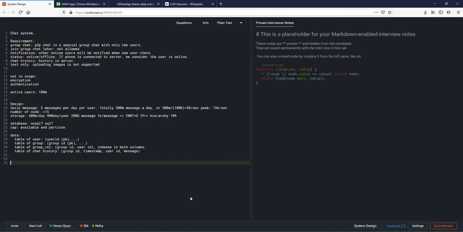Yeah, I will search, but this is mostly a one-time operation. We have a phone and we log into the system, and the system will give us all the groups and all their users together.